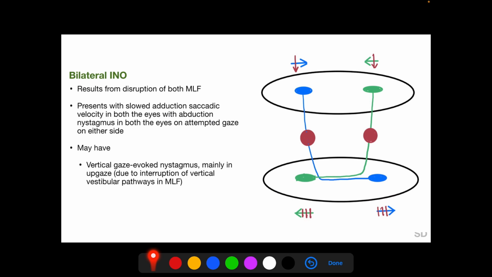A patient with a bilateral INO can also have vertical gaze evoked nystagmus, mainly in upgaze, because of lesion in both the MLFs due to interruption of the vertical vestibular pathways which ascend along the MLF.